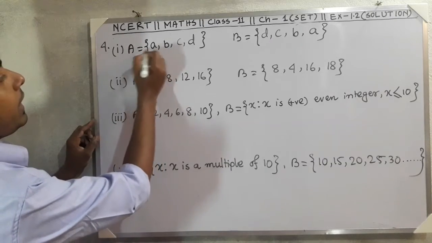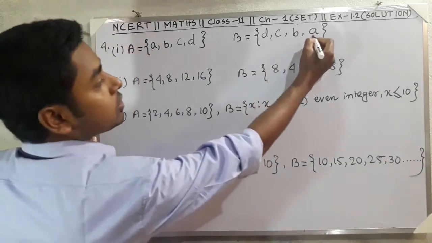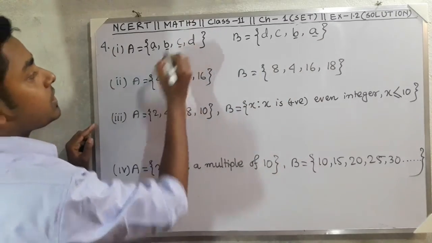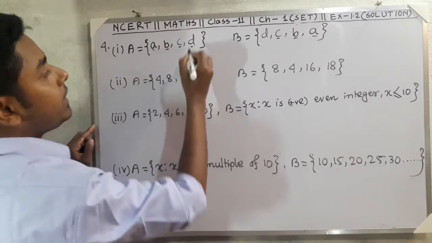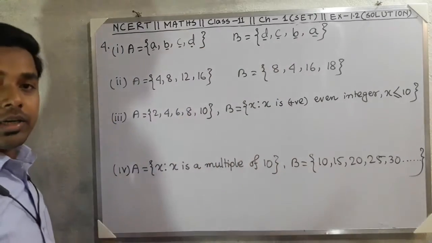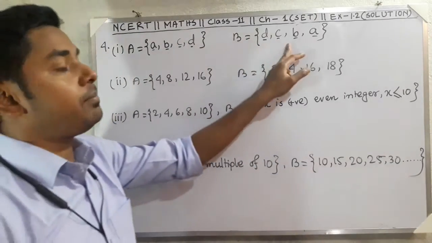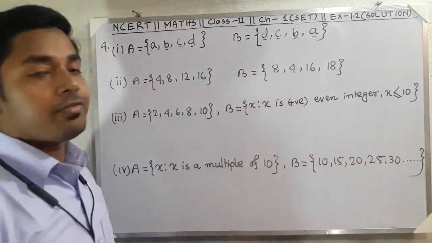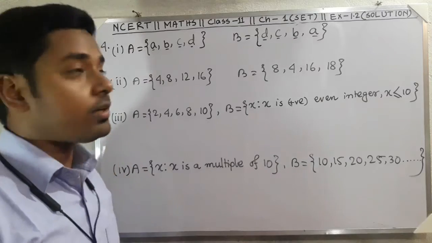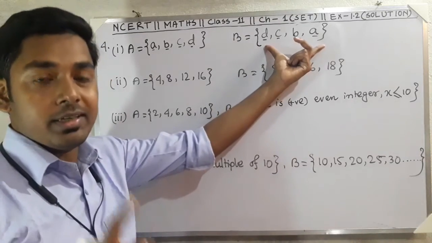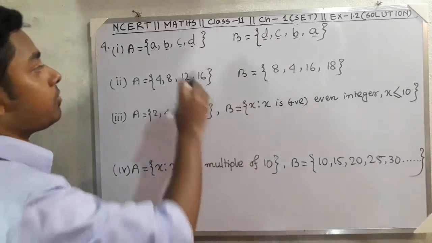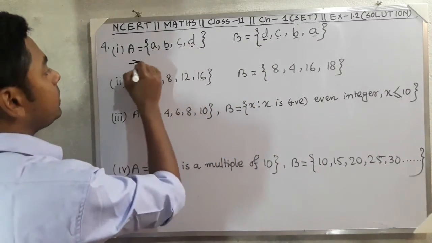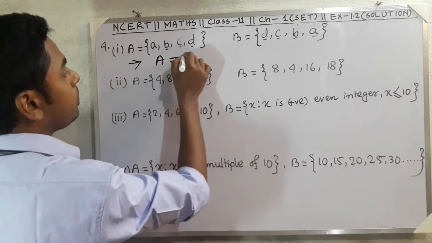So here A is also in B, C also in C, D also in D. All the elements are exactly the same, but the order of the elements is different, and I told you the order doesn't matter. We have to check whether all elements are the same or not. If they are the same, then we can say A is equal to B.